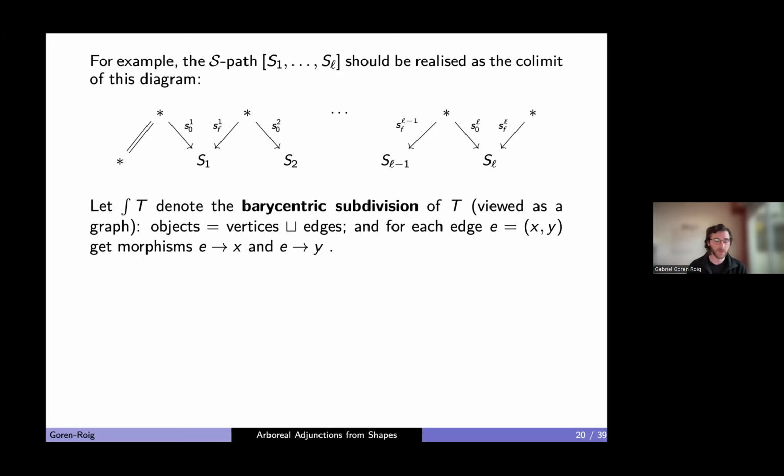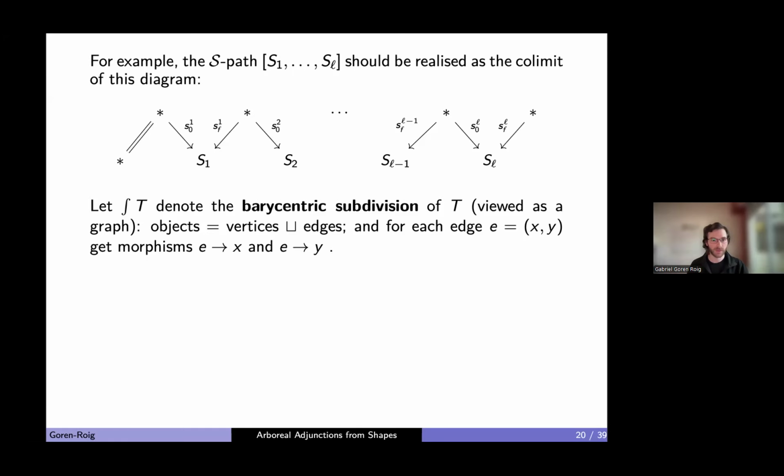So to say this more formally, the shape of the index category of this diagram is the barycentric subdivision of the tree. In this case, the tree is just a path. So what that means is that all the objects are both vertices and edges, and for every edge we get a span, right?